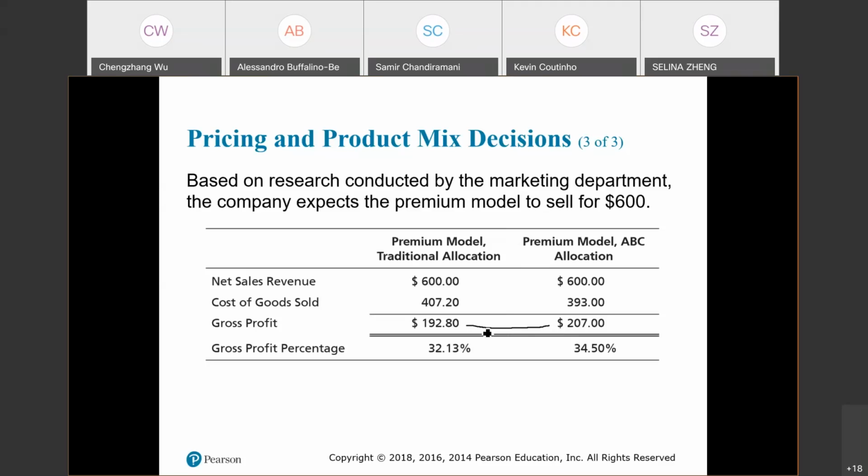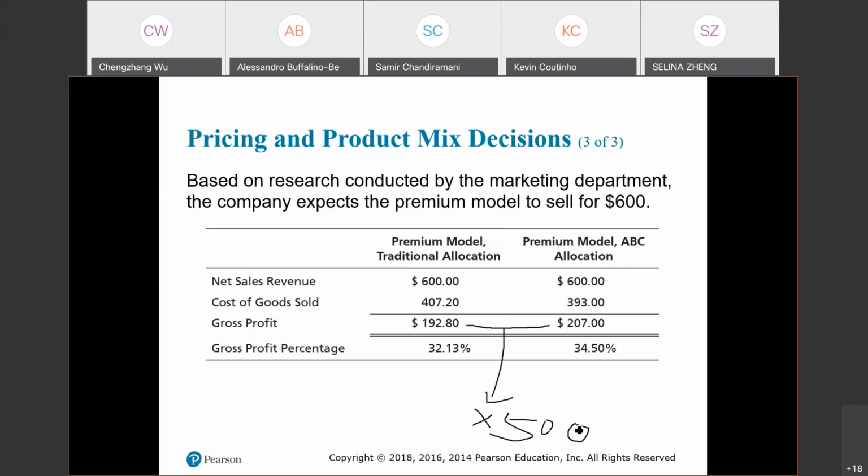So if you take the difference between these two numbers, multiplied by 500 expected sales. So by comparing the expected gross profits of the two products, it is clear that the standard model is more profitable than the premium model.